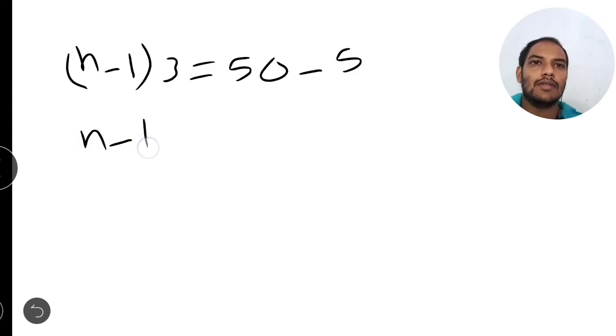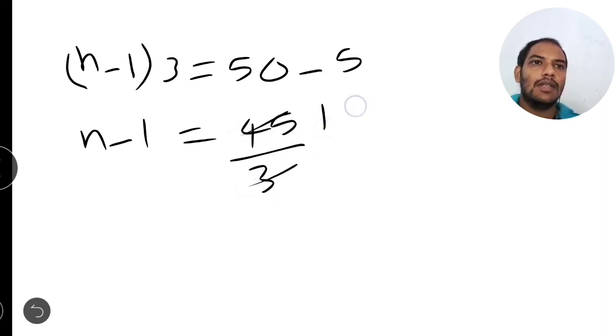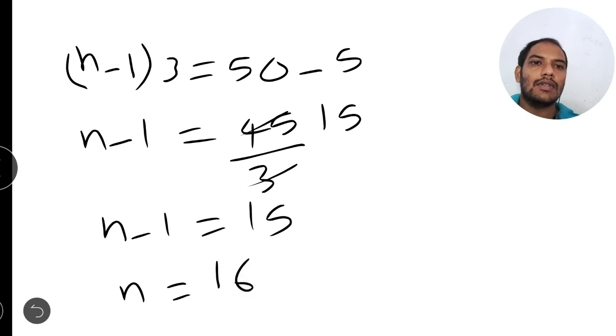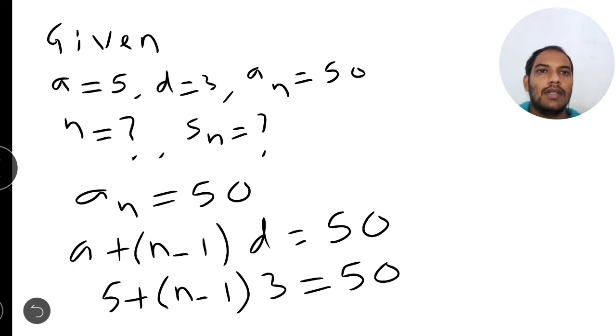So n minus 1 equals 45 by 3. 3 ones are 3, 3 fives are 15. So n minus 1 equals 15, then n equals 16. So the n value is completed. Now what is he asking? Sn value equals how much?